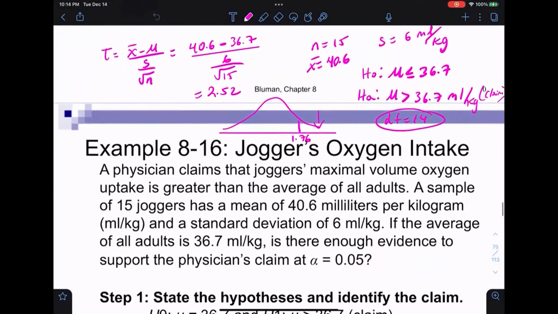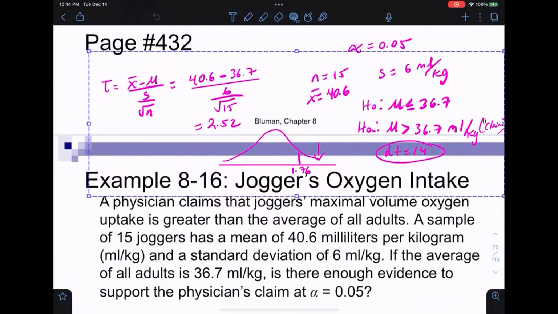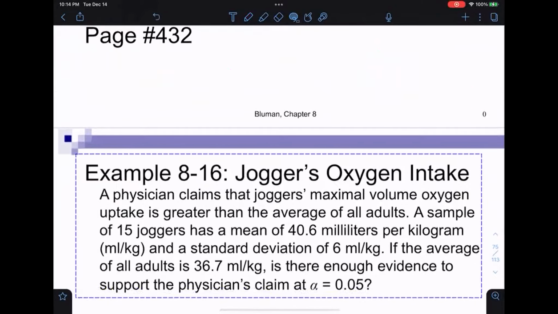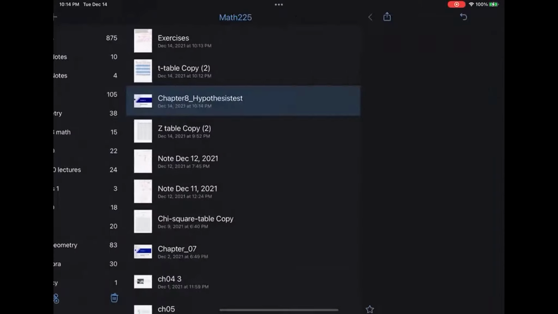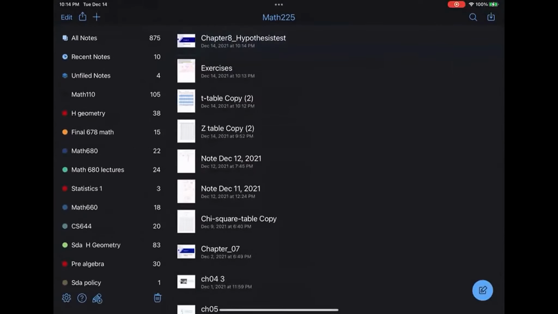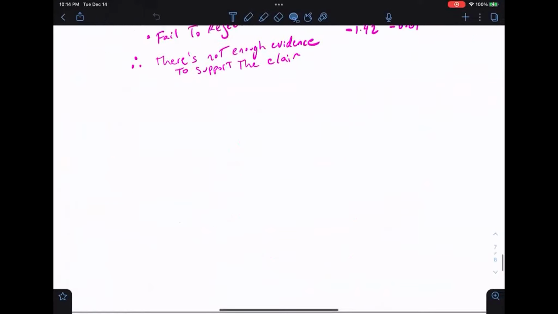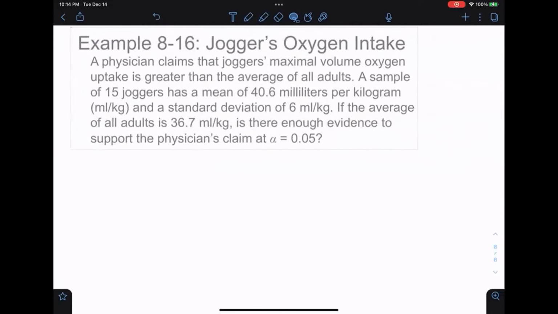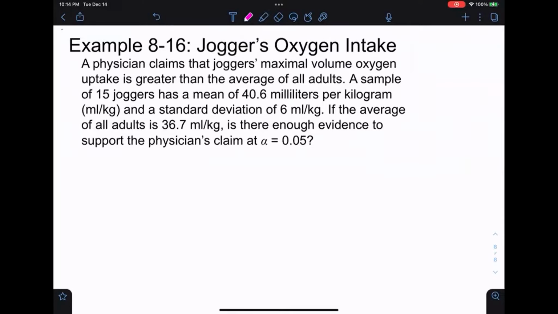Okay, there's more here, more t-test. Okay, let's do this one. So here they say a jogger's oxygen intake. A physician claims that the jogger's maximal volume oxygen uptake is greater than the average of all adults. So that's the claim.